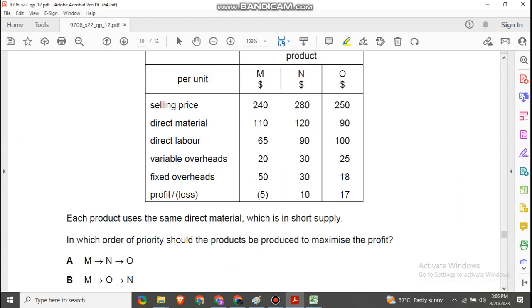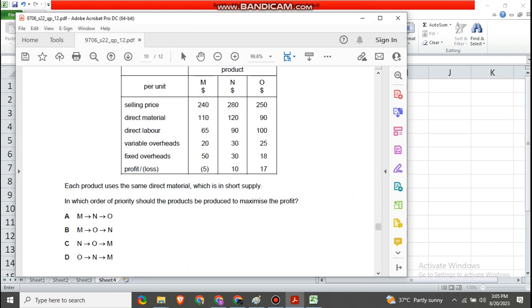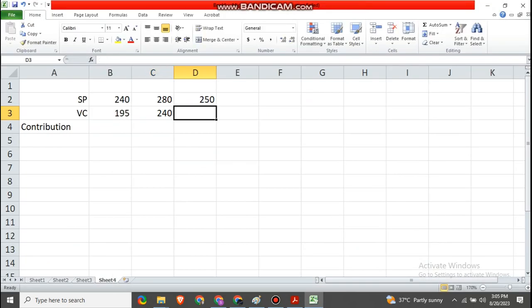Then 120 plus 90 is 210, plus 30, 240. After that 90 plus 100 is 190, plus 25, so 215. So these are my variable costs.